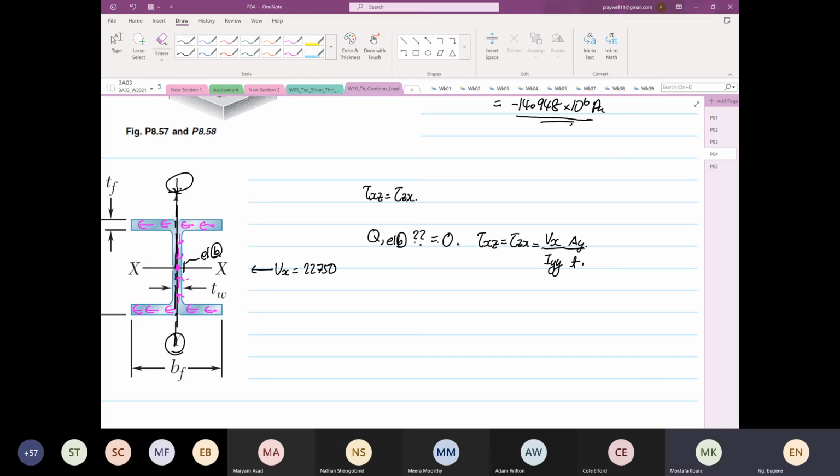With the same shear flow in the webs, can the shear flow in the flange be coming out? Would that still be correct? Yes, it's still valid. It's still in reverse flow, yes or no? So both are going in opposite directions. There you go.